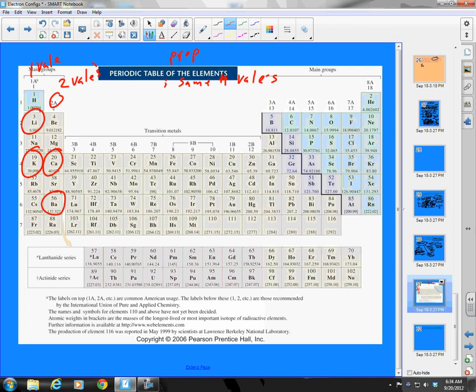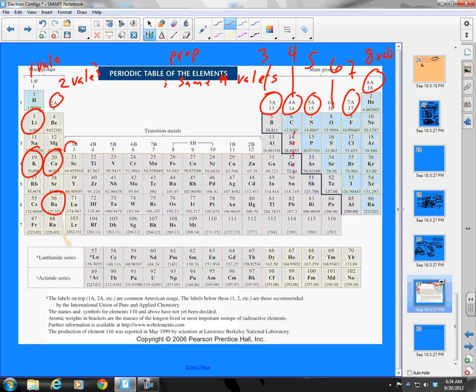Let's skip over here to group 13, boron, 3 valence electrons, the carbon group, 4, so everything down here has 4, 5, 6, 7, and my noble gases have 8 valence electrons. Okay, it's that easy. So group 1 has 1, 2 has 2, 13, 3, 14, 4, 15, 5, 16, 6, 17, 7, and 18, 8.